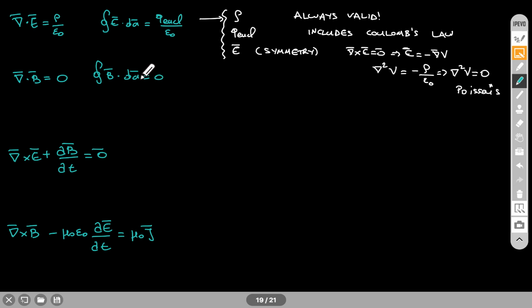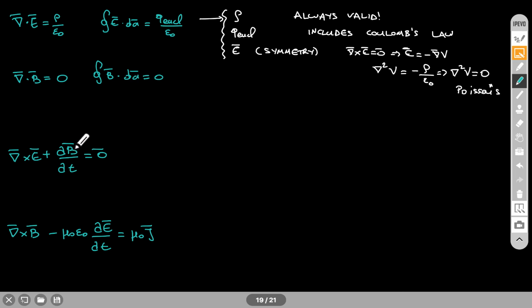The only thing you can do with it is, if you are given some vector fields, you can discard some of them as being physically unreasonable, physically wrong, because they don't obey Gauss's law for magnetism. But other than that, you cannot really obtain anything else, and that's why we have not done much with it.